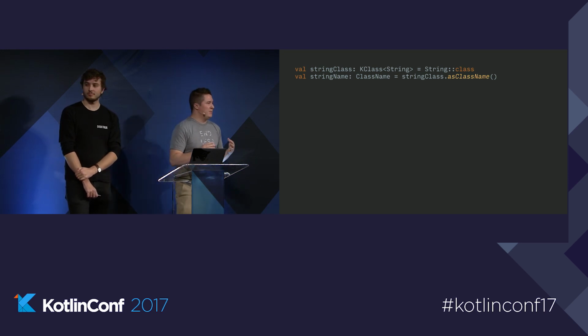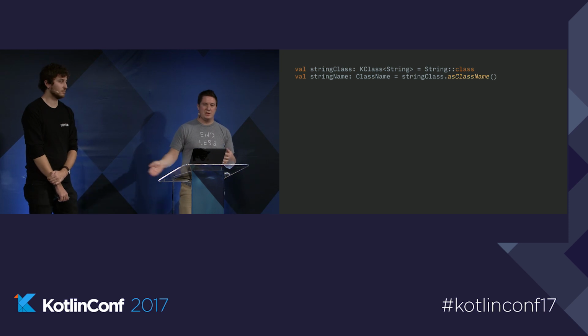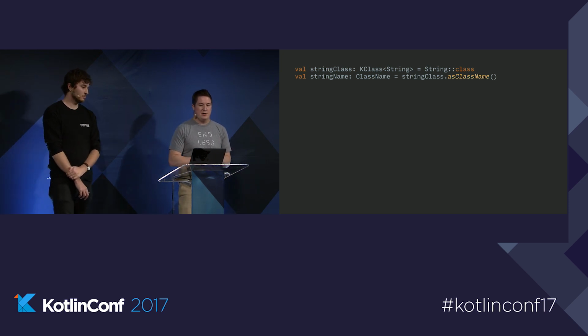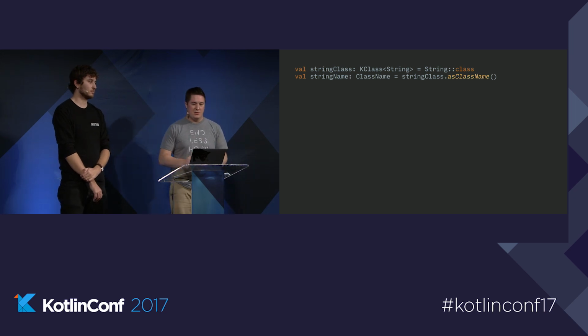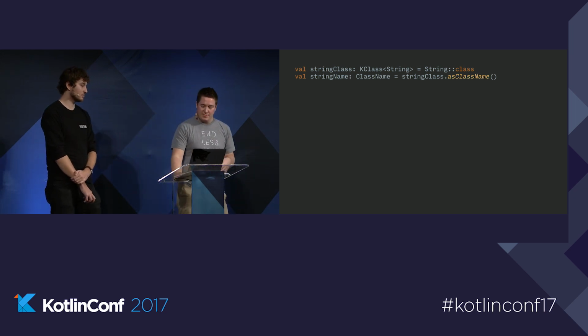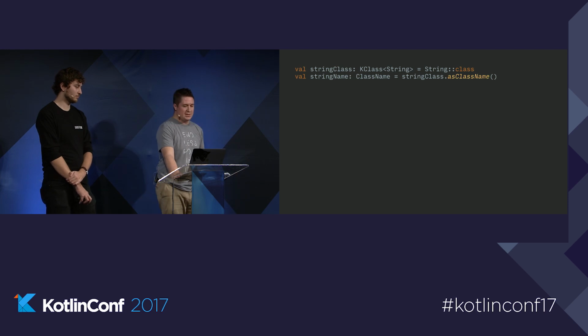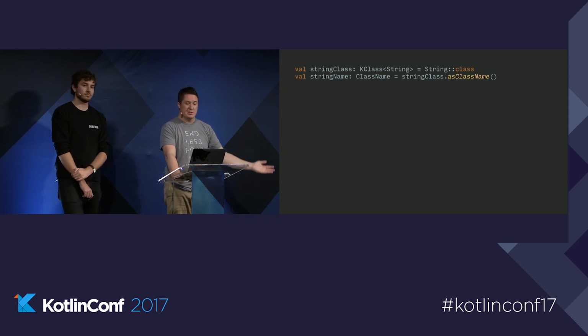The class name object itself doesn't really have anything to do with Kotlin. It just uses Kotlin to read the fully qualified class name. And so you don't need a K-class to create a class name. You can just use strings by supplying the package or the type, if you want to refer to maybe a type that doesn't even exist yet.